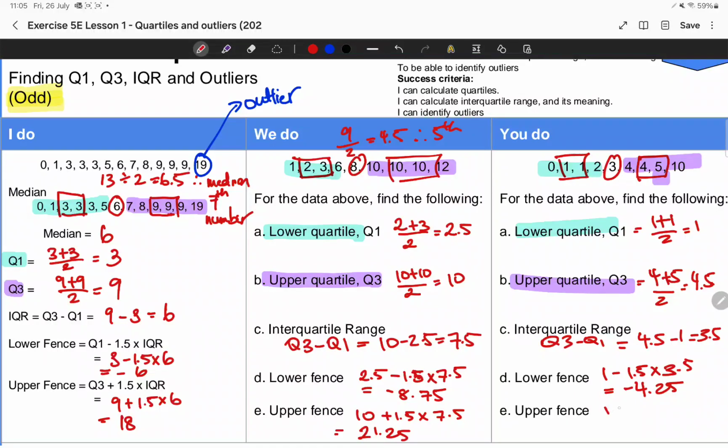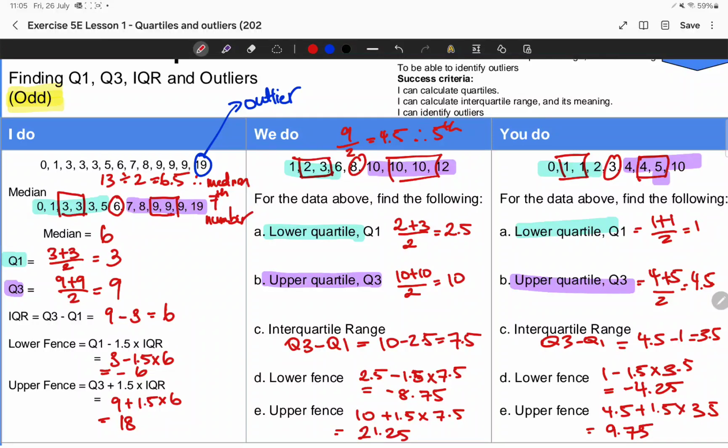And then upper fence is the opposite of that. So Q3 is 4.5 plus 1.5 times 3.5 is 9.75.